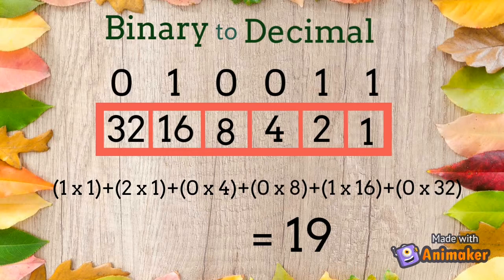Now, as said above, take 1 and multiply it with 1. Now, multiply 1 with 2 and 0 with 4 and 0 with 8, 1 with 16 and 0 with 32. Now add this. You will get the output 19. So 19 is the decimal form of binary number 010011.